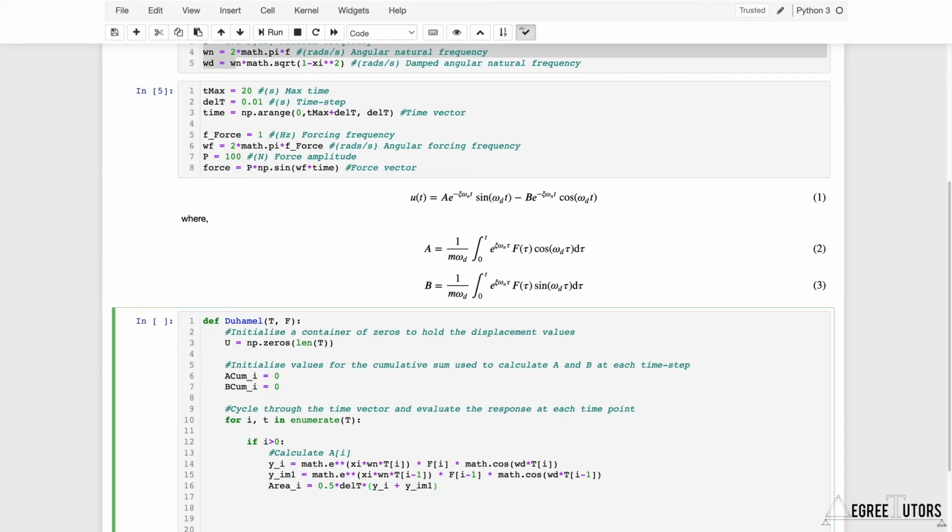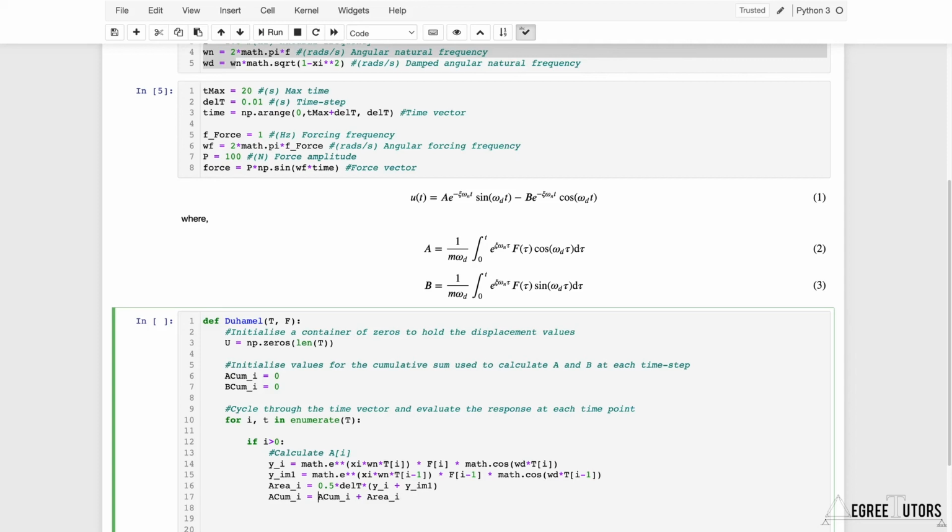Now remember, I want the cumulative area. I want the area of all trapezoids up to this point. And that's why I initialize this at 0, right? So the cumulative area, A_cumulative_i, is going to equal whatever it was previously, A_cumulative_i, plus the area that we just calculated.